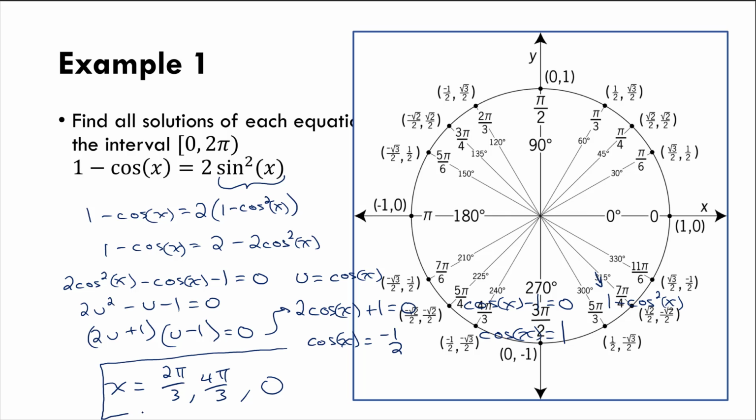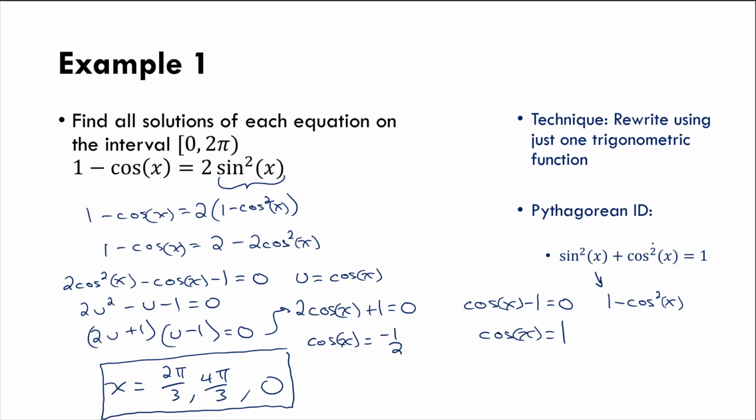Since 2 pi is not included in my interval, I'm not going to include 2 pi in my solution. So that would be the process there, as far as rewriting everything using just one trigonometric function.